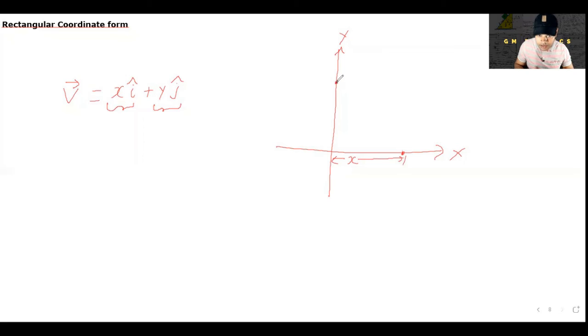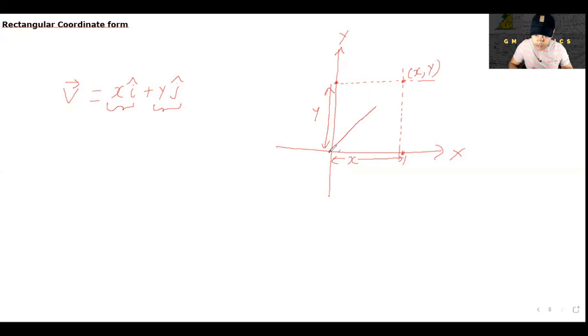And along the y-axis, it is y units. So suppose this is equal to y units. So the point can be easily located. Means the point whose coordinate is x, y can be easily located simply by drawing perpendicular lines. The point of intersection will be the point whose coordinate will be x and y.